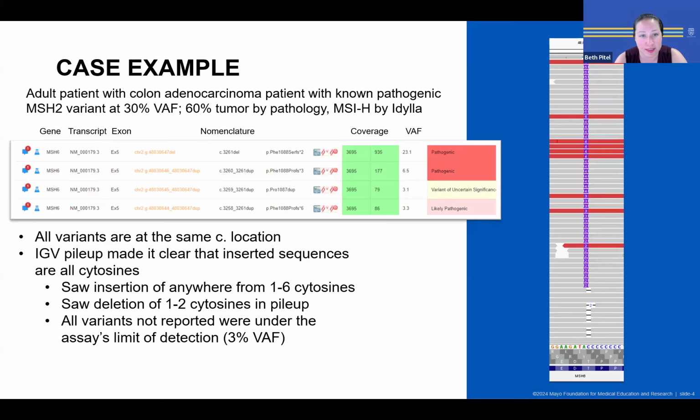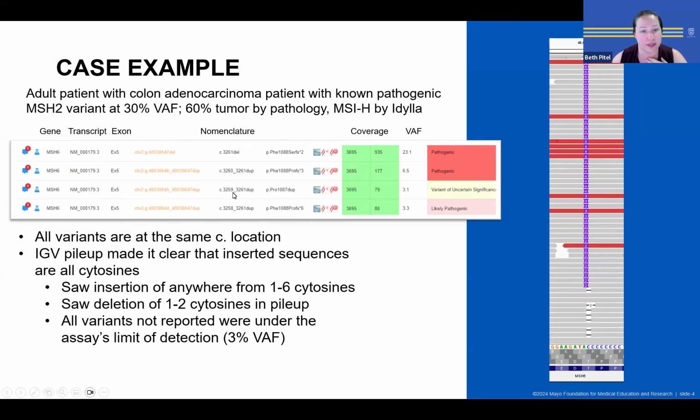The tumor was 60% tumor purity by pathology, and this was classified as microsatellite unstable, or MSI high, by outside testing, separate from our NGS test. And so we knew this was MSI high coming in, but we had this set of variants all within the same locus in MSH6.